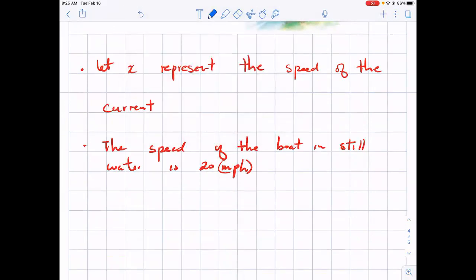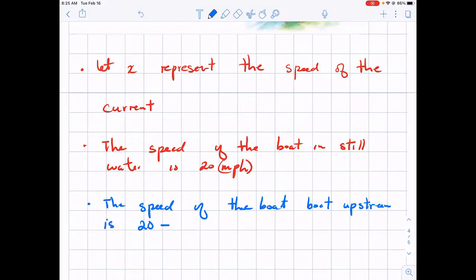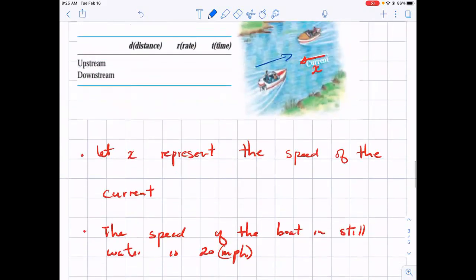So the next thing we want to write here is that the speed of the boat upstream is the speed of the boat, 20, minus some value x, or some speed, because the current value is x.